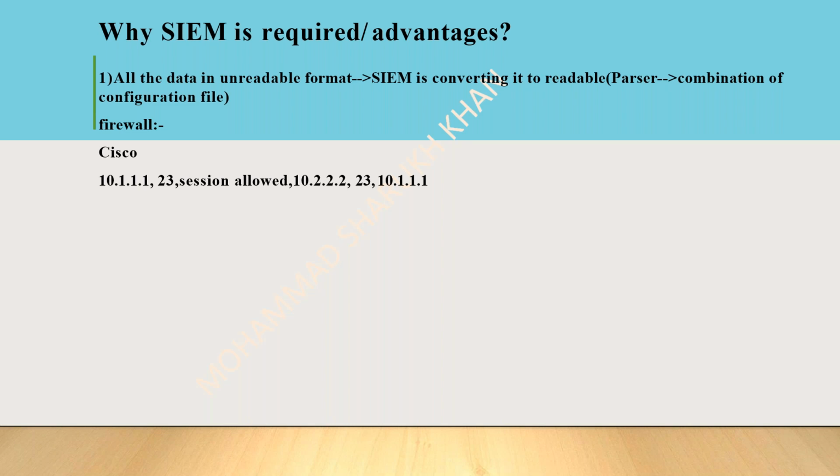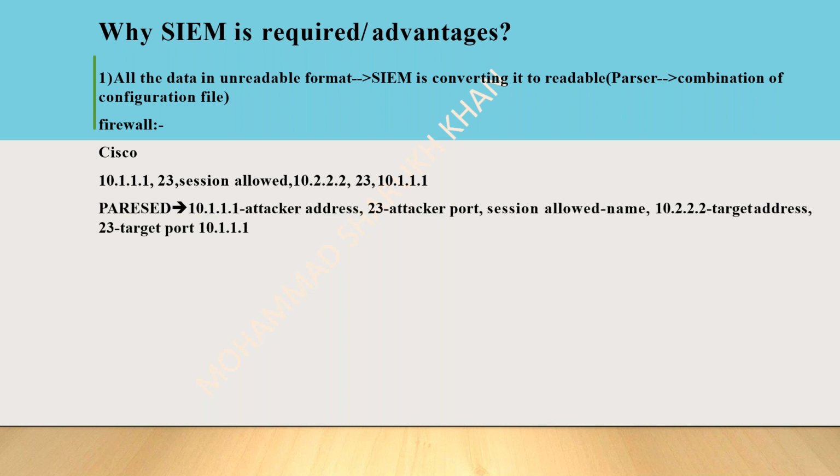What are these SIEM tools doing? Next, it is parsing the logs. We call it parsing: converting data that is in an unreadable format into a human readable format is called parsing. It's a general term we use in SIEM. Again, I'm repeating, the data is in an unreadable, unstructured format. SIEM tools convert it into a human readable format, and that is called parsing.